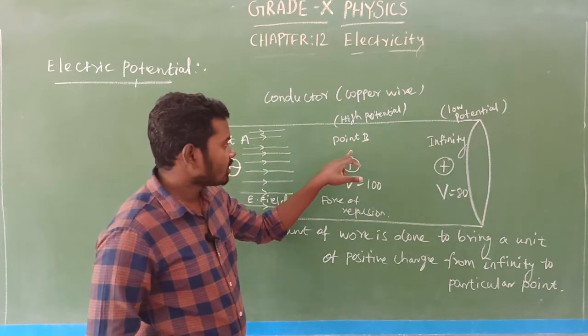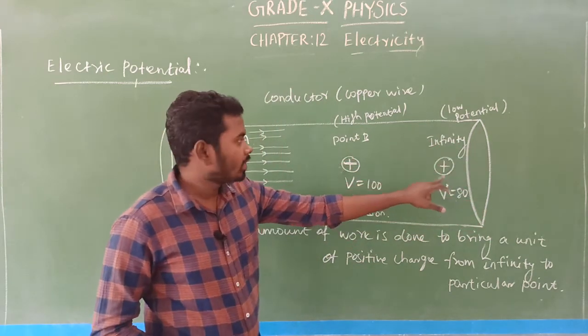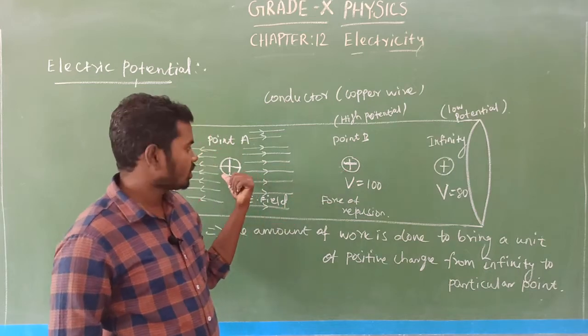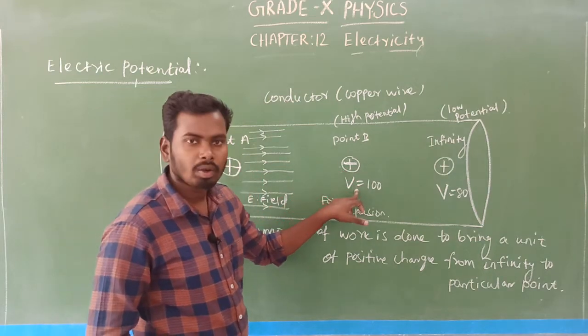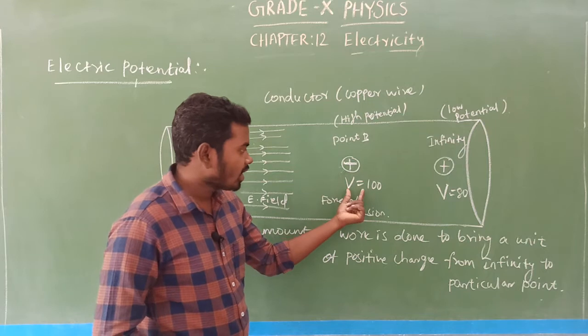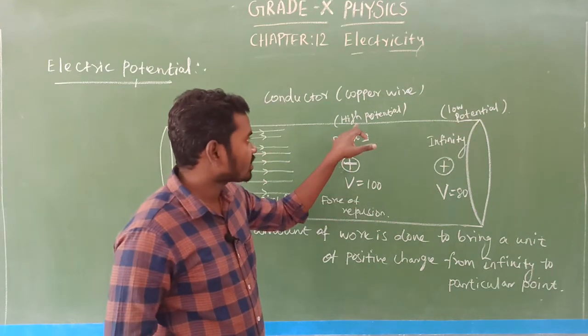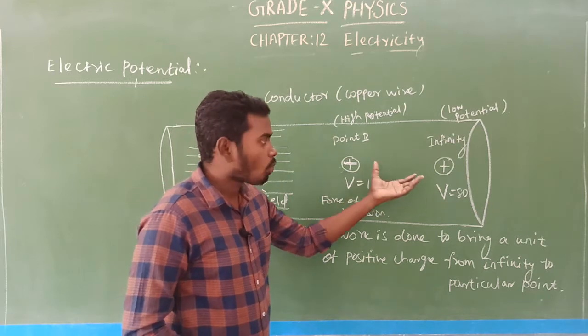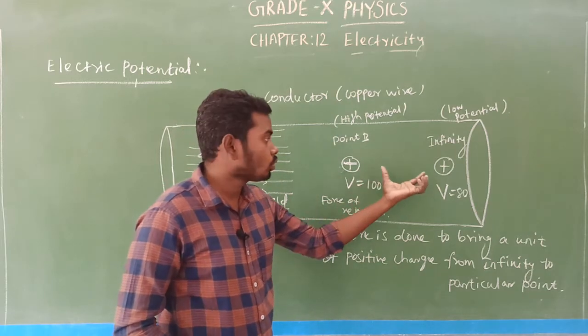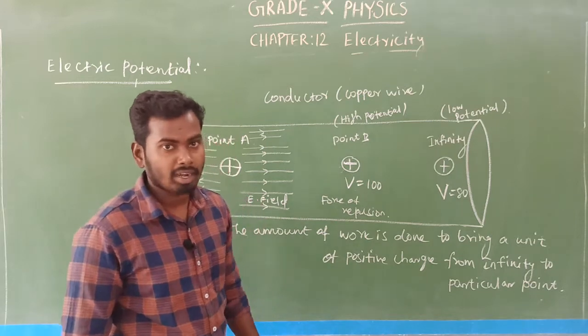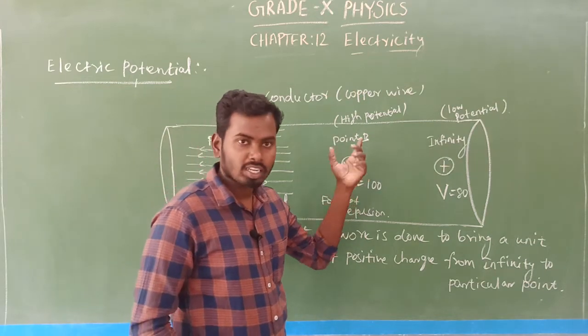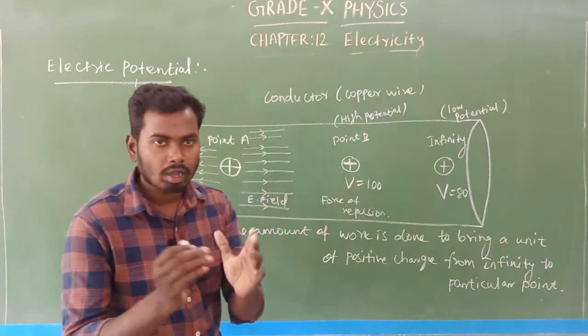When we bring this charge placed at infinity closer to point A, here the potential will be more, because here the energy level of the charge will be more. So this is considered as high potential. So there is a potential difference between the two positions. Am I right?